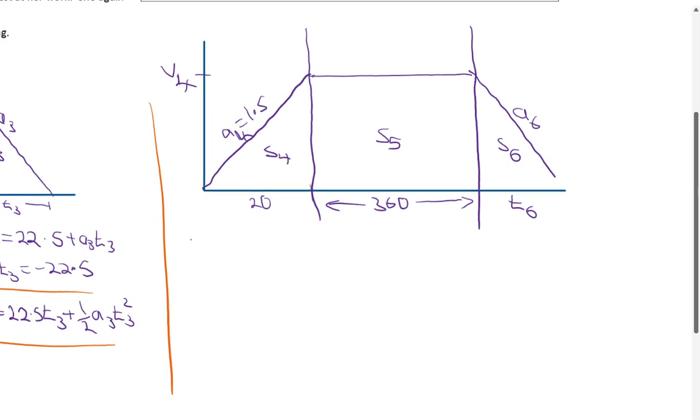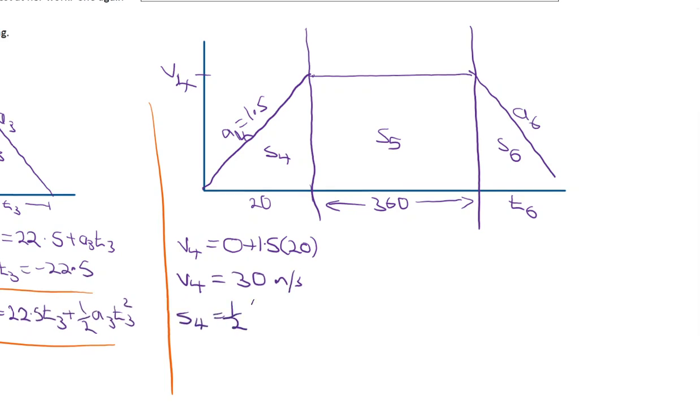So V4, the constant speed, is 0 plus 1.5 by 20. So V4 is 30 meters per second, which means then S4 equals a half by 20 by 30.